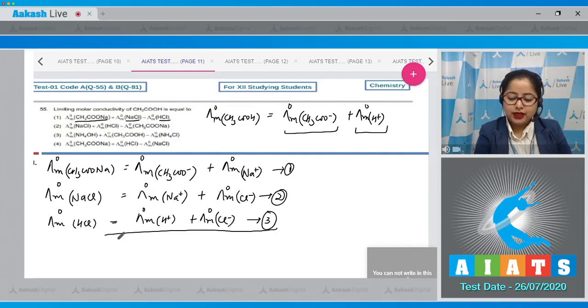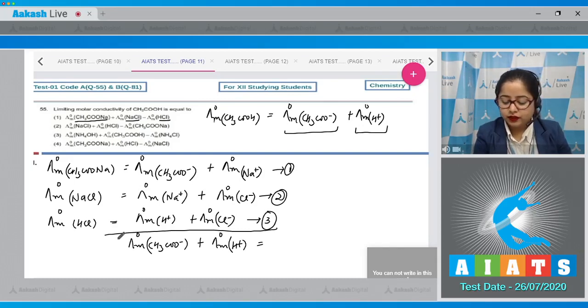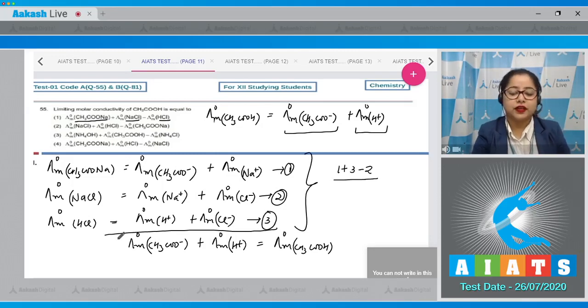So this Na plus would cancel this Na plus and this Cl minus would cancel this Cl minus. As a result, we'll be left with limiting molar conductivity of CH3COO minus plus limiting molar conductivity of H plus, which is further equal to limiting molar conductivity of CH3COOH. That means adding equation 1 and 3 and subtracting 2 would give the final result.